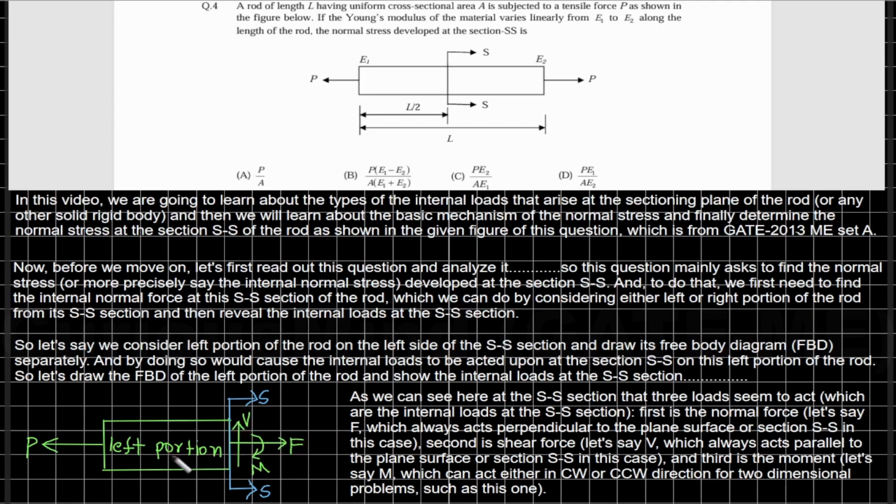So first we would find the net force in the rightward direction, which would be equal to F minus P, because we assume rightward is the positive direction and leftward is the negative direction. So when we find the net force in the rightward direction, it would be F minus P, right? And we would set it to 0.